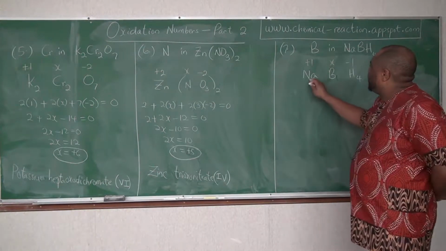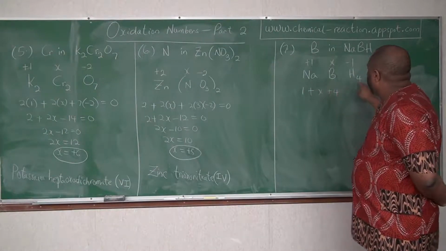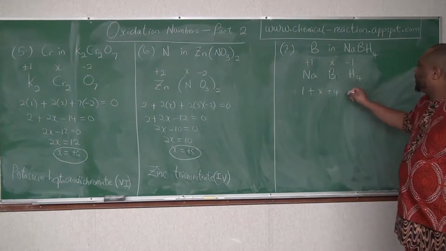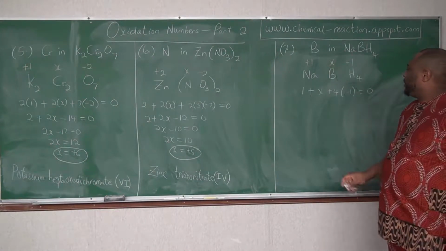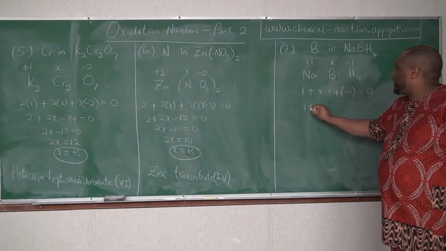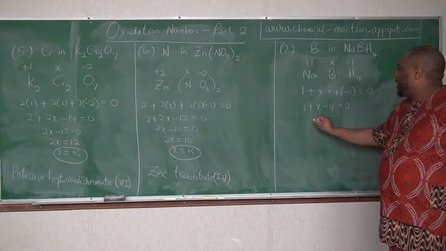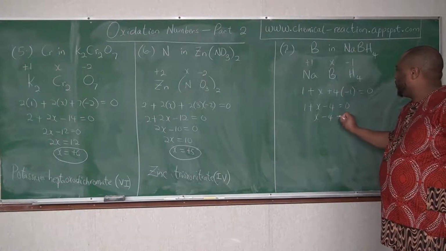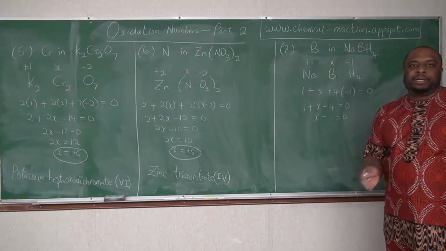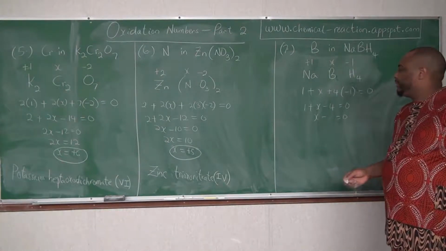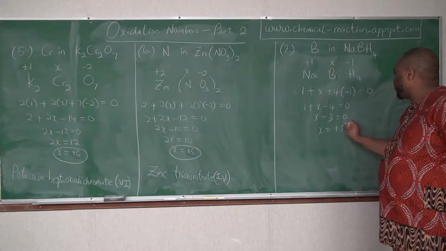So we now have 1 plus X plus 4 times -1 equal to 0. So this is 1 plus X minus 4 equal to 0. 1 minus 4 is -3. So X minus 3 is 0, X is equal to +3.